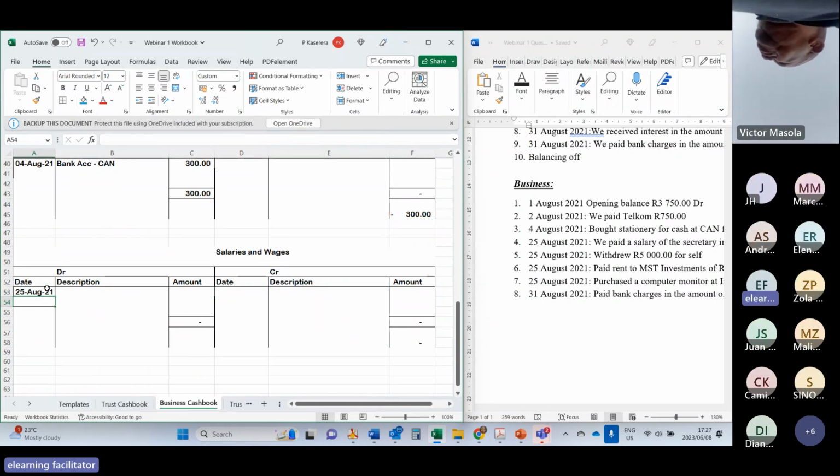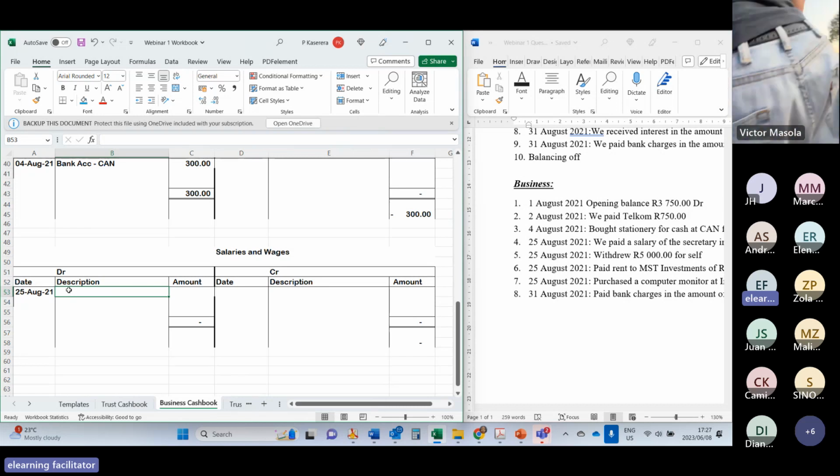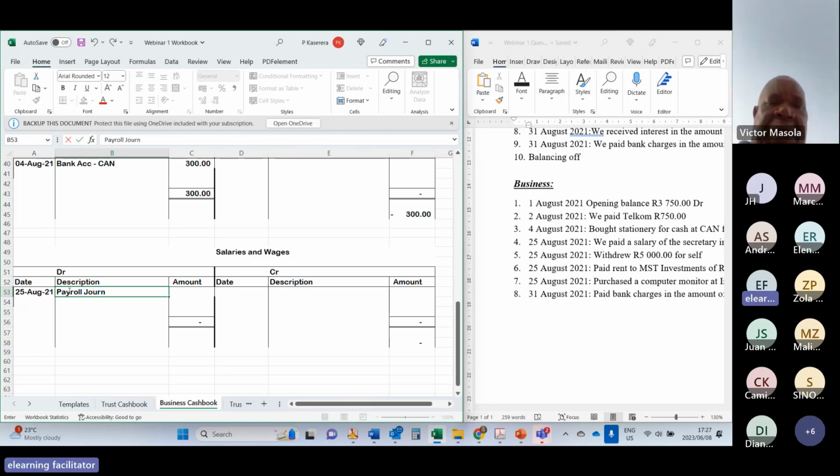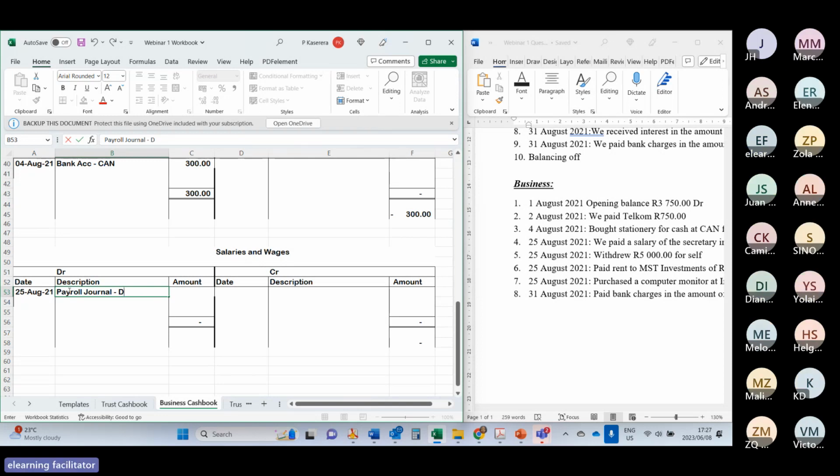So in this case, we know 6,000 is our gross amount. Hence, we are posting it. So it's not coming from our bank account. It's coming from our payroll journal. So it's our payroll journal, and it's the secretary, and always know that it's a gross, we post gross amounts.